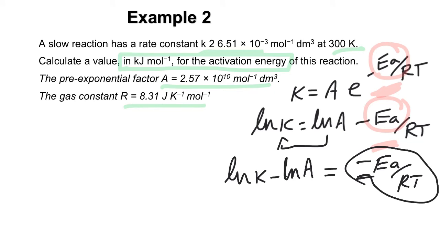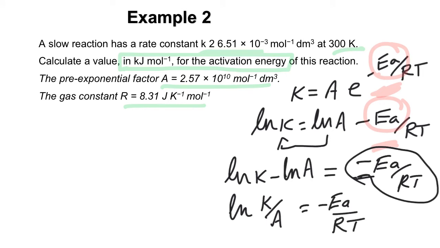You can just use it as it is to avoid errors. Remember, you can rewrite this like so: ln k take away ln A is ln k over A equals minus EA divided by RT.